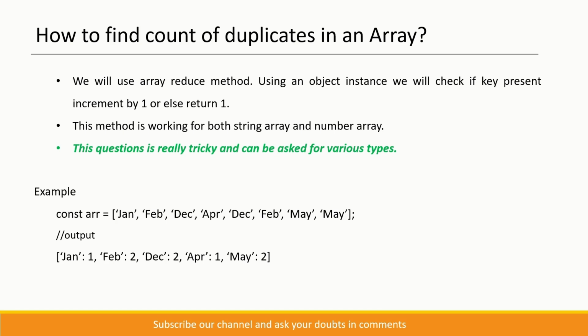Whether it is present 1 time, 2 times or n number of times doesn't matter. The final output should show that this string is present this many times in the array. Let's see how we implement this scenario at code level with the help of the array reduce method.